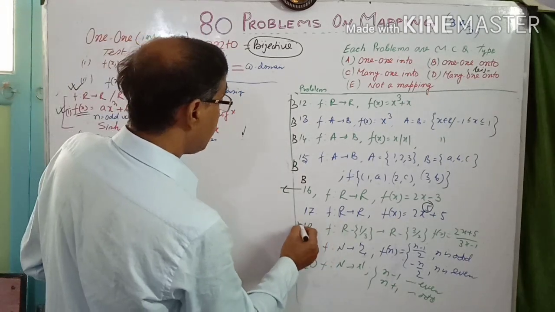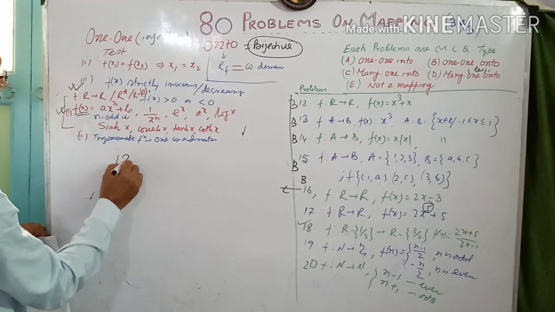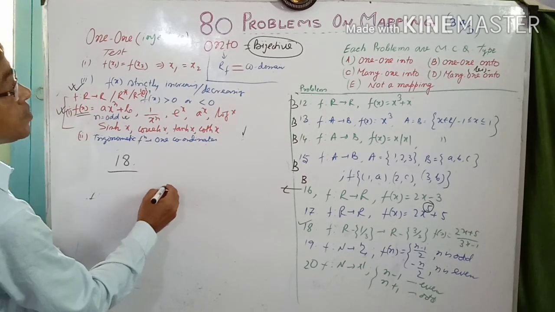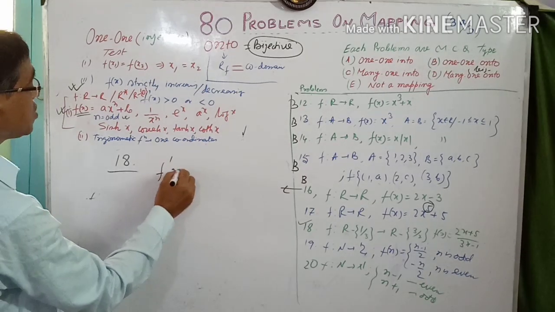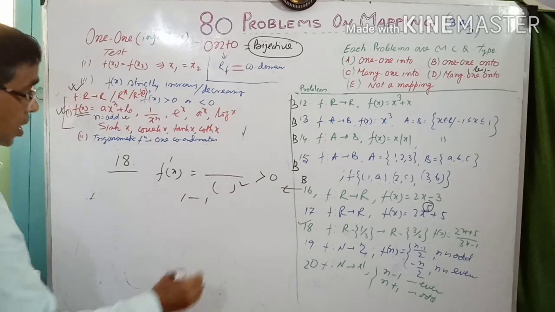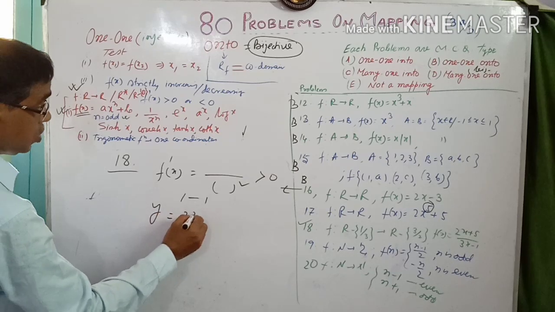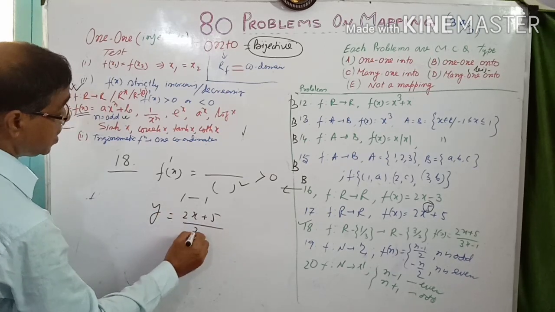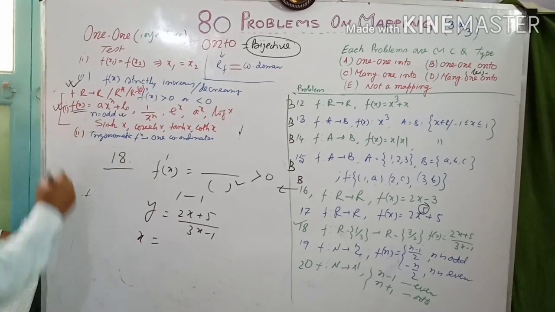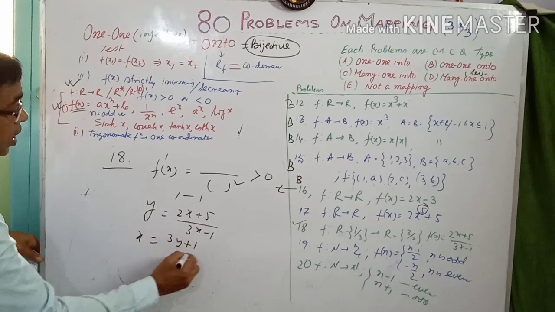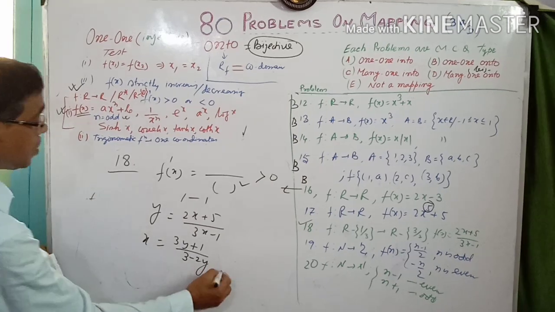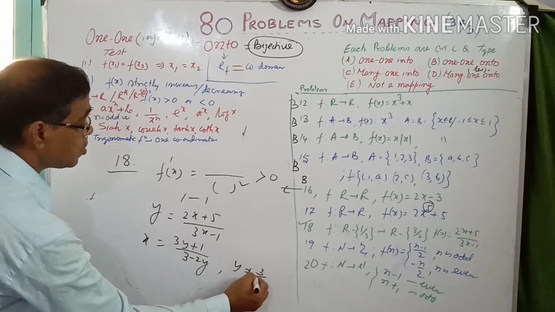Now for problem 18. We can find f dash x also, which is always greater than 0, therefore it is one-one. If y equals 2x plus 5 by 3x minus 1, you get x equals 3y plus 1 by 3 minus 2y, if y is not equal to 3 by 2.